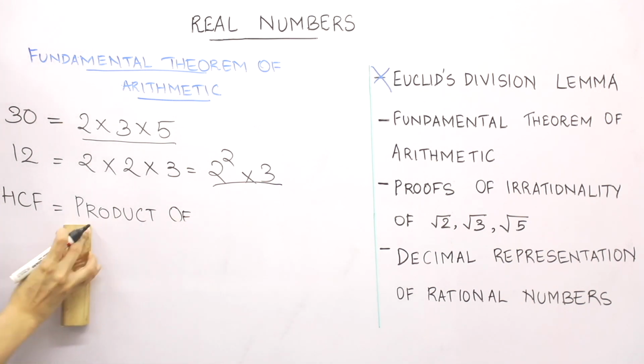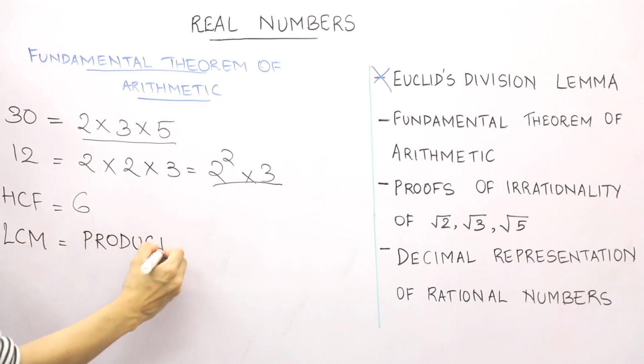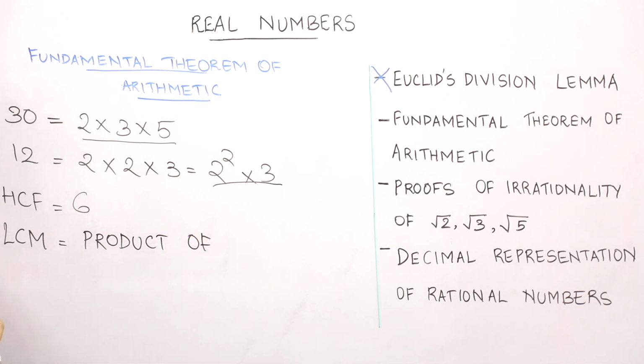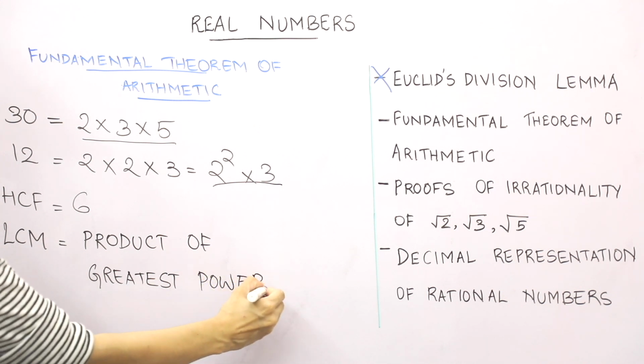Now we'll see how we can find the LCM. LCM is again the product of, similar to HCF, but here we'll choose the greatest power. So for HCF, we chose the smallest power.